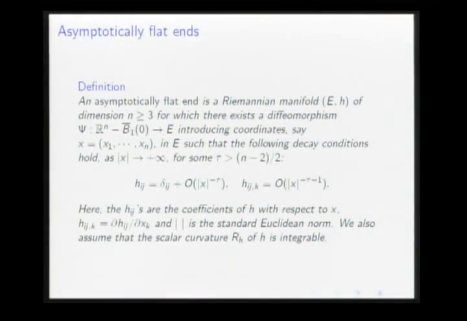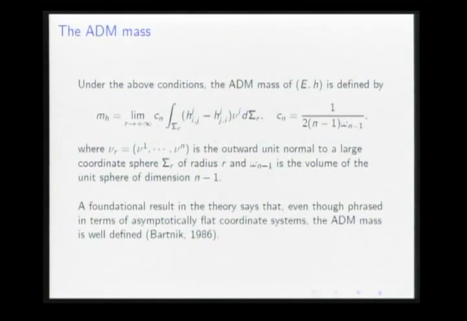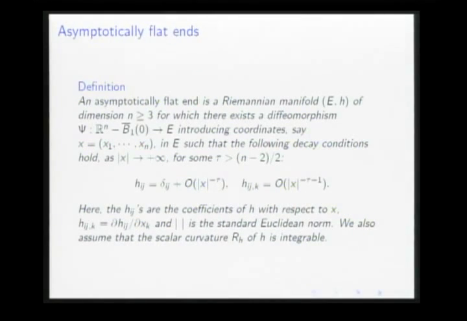So what is an asymptotically flat end? It's just a Riemannian manifold that is diffeomorphic to Rn minus the closed unit ball. You put coordinates on this manifold, and you ask that the metric in these coordinates satisfies these decay conditions.